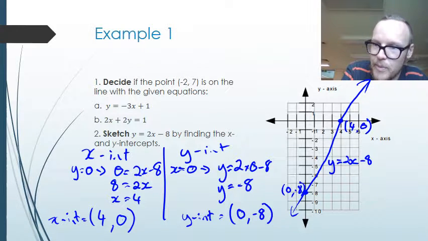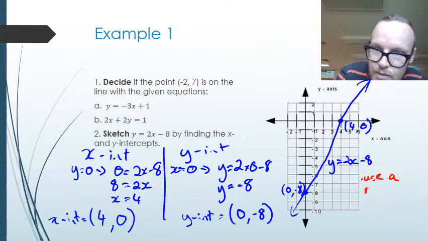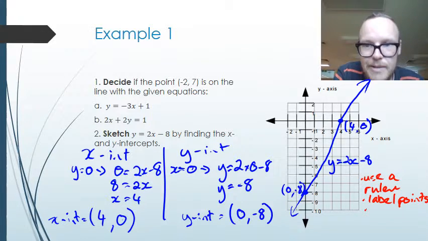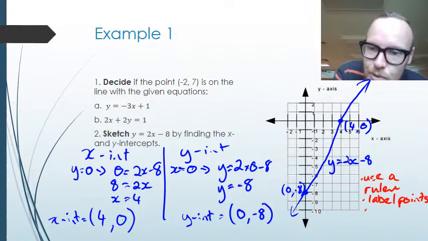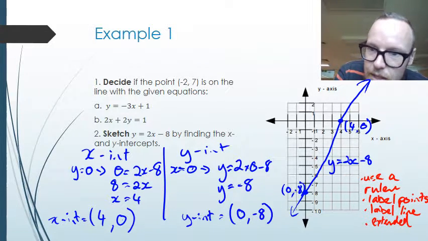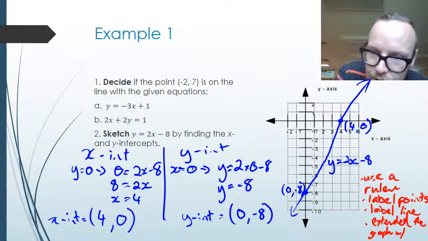So things to remember, please. Use a ruler. Please also remember to label points if you're asked to, but sometimes it's good to just label them anyway as good courtesy, and also label the line with the equation, and then ensure you have extended the graph with arrows.